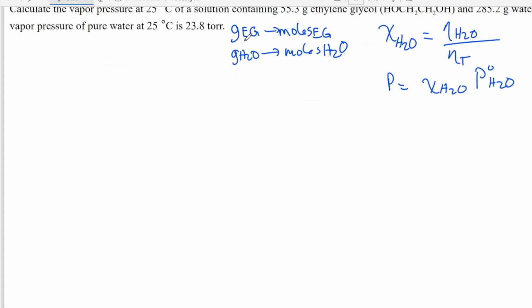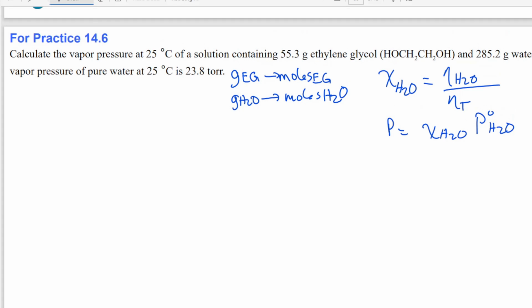First we'll convert grams of ethylene glycol to moles of ethylene glycol, then grams of water to moles of water, and then we'll calculate the mole fraction of water as we did previously, and finally the vapor pressure of the solution. So let's go ahead and get started.